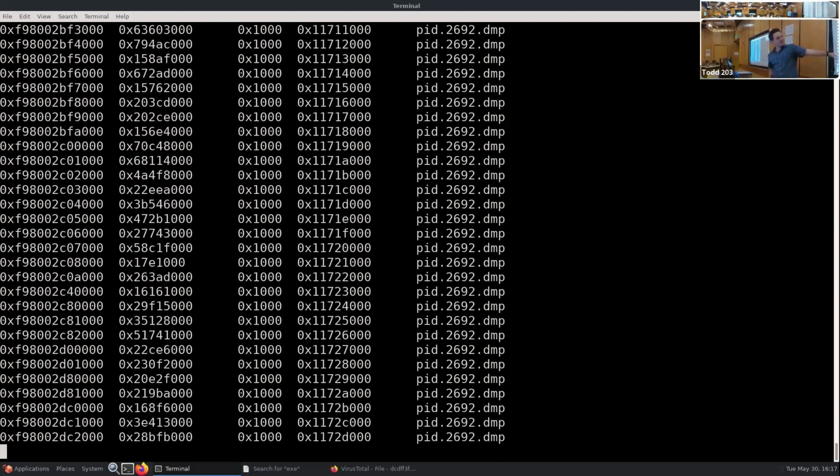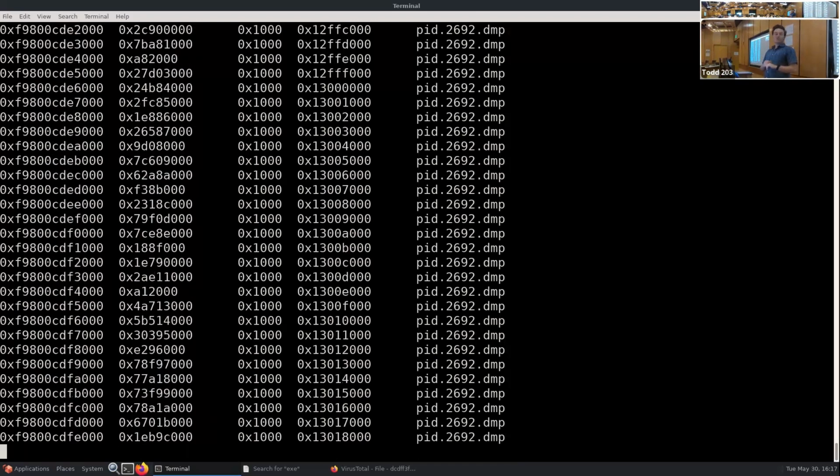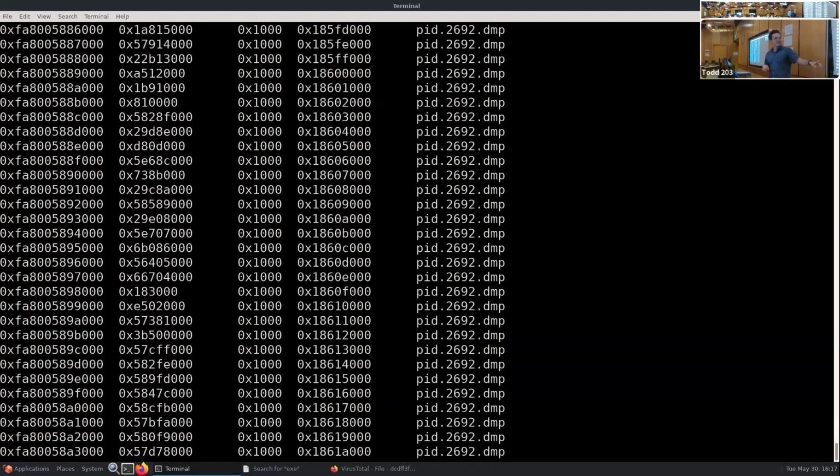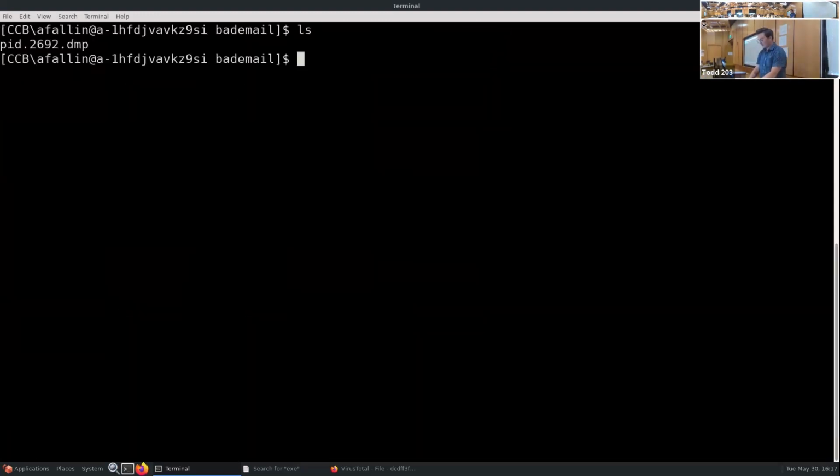So once this is run, we're going to use that command I tried to use earlier and didn't use well. We're going to use strings to try to see who sent an email, right? Strings is going to give us all of the different string types in our DMP file. So there's our process ID dump file.